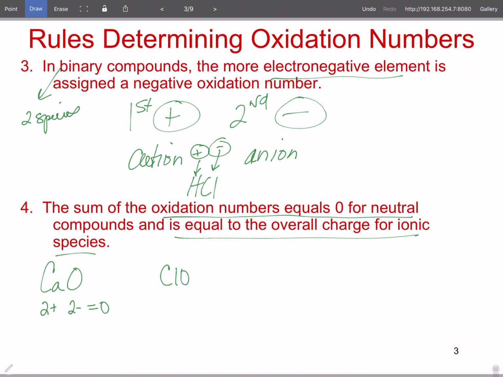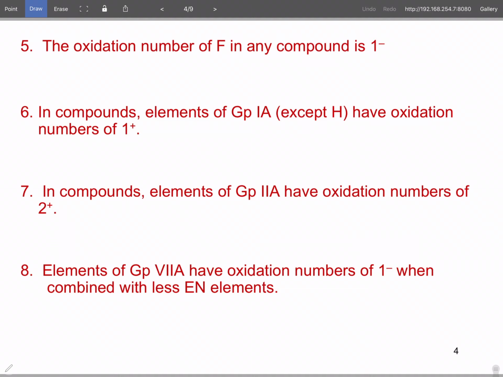If I have this species here, then oxygen is going to be 2 minus, and the whole thing has to equal whatever the charge is, so the chlorine has to be 3 plus here. Okay, so I'm jumping ahead a little bit, but I have to show you what we're doing. So that would be minus. If we had PO4 3 minus, then the phosphorus plus the oxygen has to equal 3 minus. We're going to work a whole bunch of these, so don't freak.